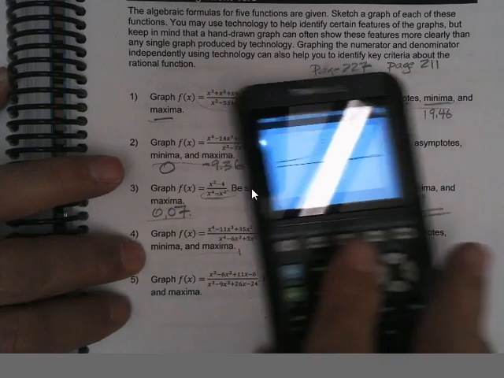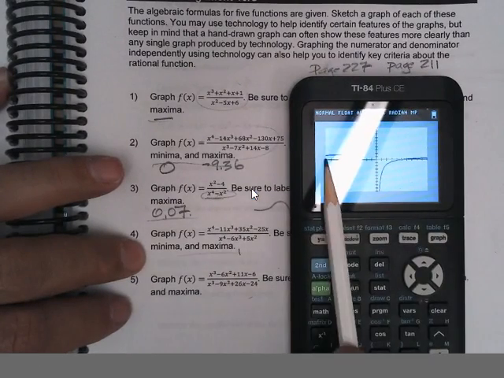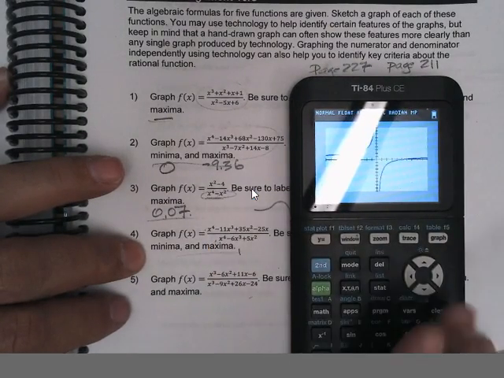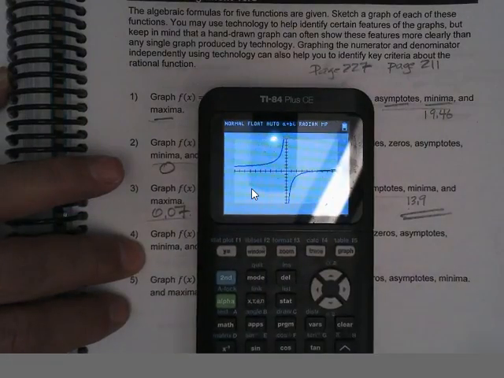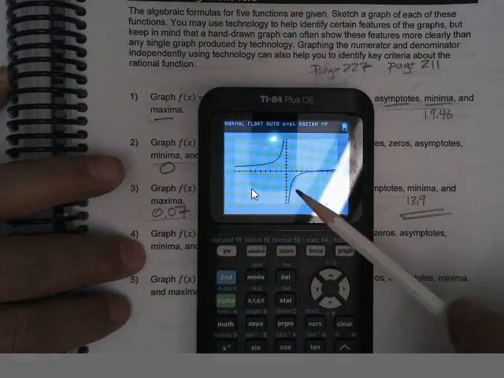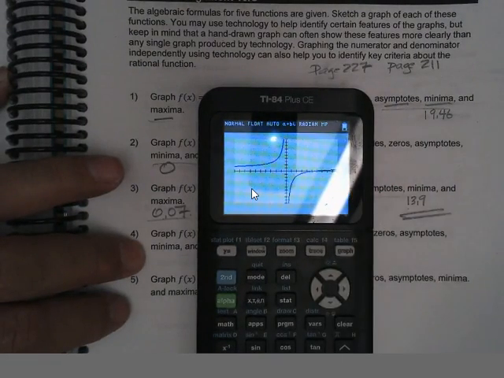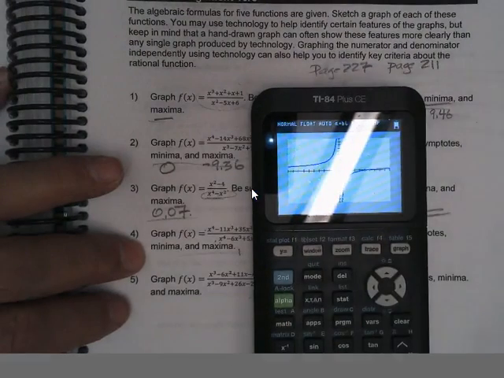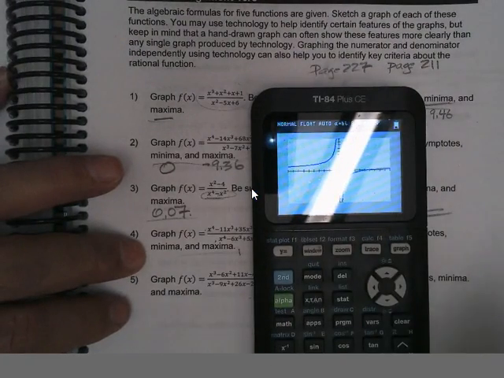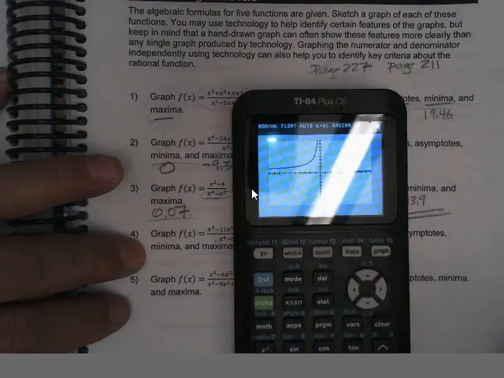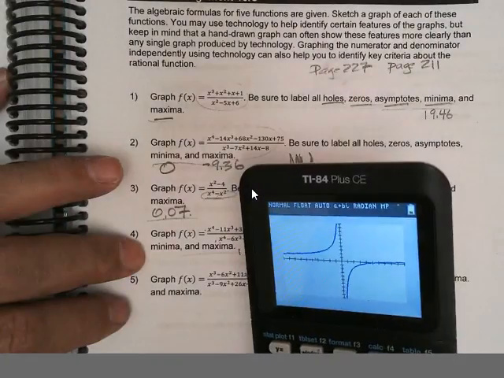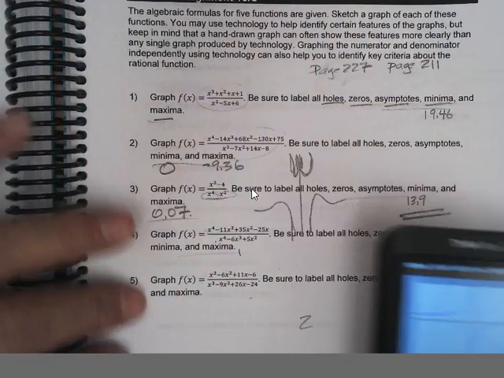Doesn't look like it does anything fancy. Horizontal asymptote of 1, which we found out before. And I don't think there's any zeros. It doesn't look like it goes up and back down. But you can check. I don't think there is. Okay? But there are some holes.